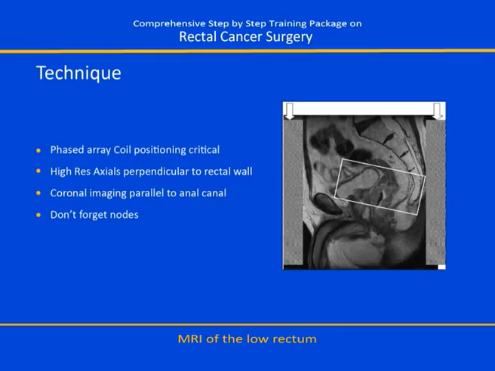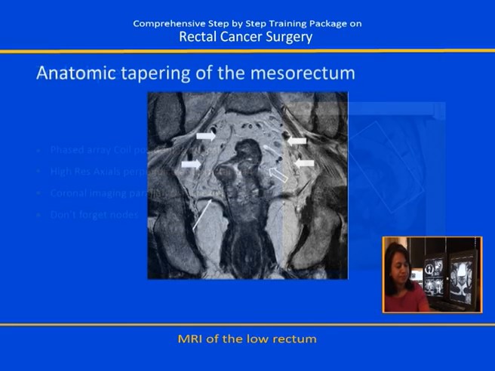And so therefore we need to make sure we're perpendicular to the rectal wall on this sequence, so that we can see the distal portion of the tumour for low rectal cancers. And then finally we undertake a set of coronal scans which then allow us to image the lymph nodes within the mesorectum, so that we would like to cover the back of the mesorectum with this coronal plane.